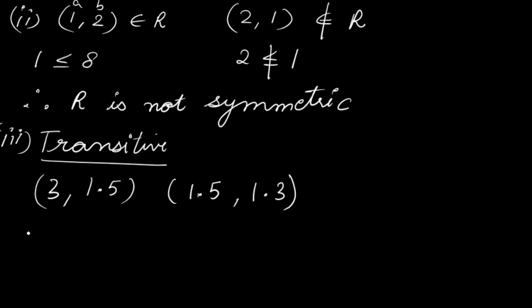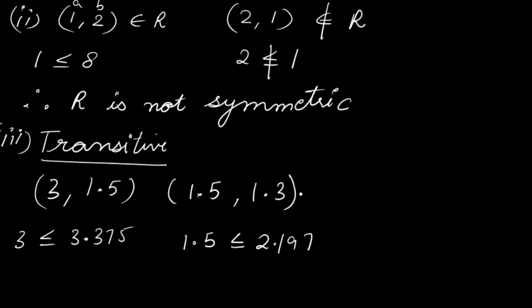Here you can see 3 is less than or equal to 1.5's cube, which is 3.375. So 3 is less than or equal to 3.375. Here, this is A, this is B, and the relation is A less than or equal to B cube, which is satisfied. Also, 1.5 is less than or equal to the cube of 1.3, which is 2.197.